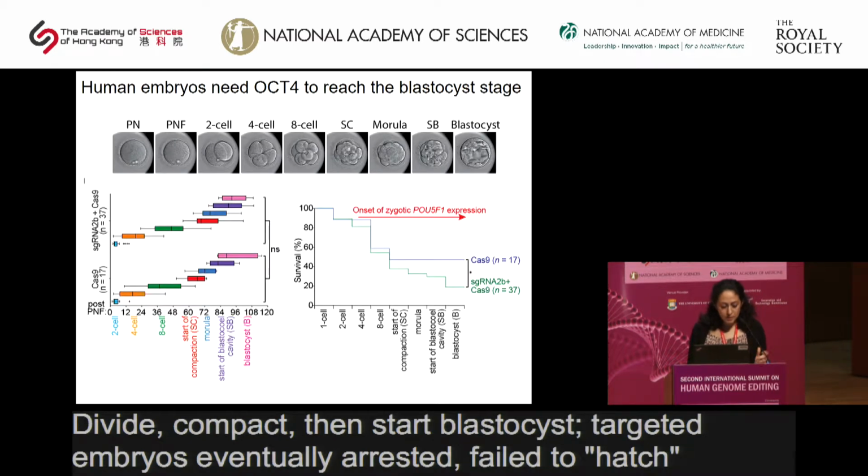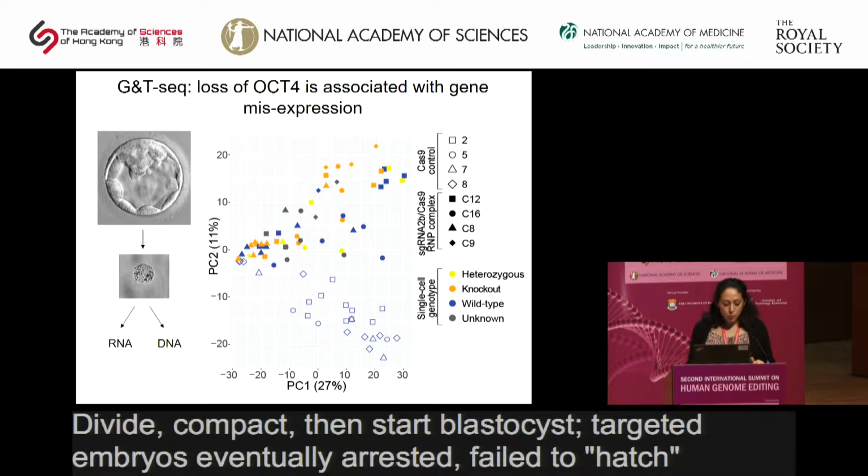When we compared the rates of cleavage division, there were no significant differences, but significantly fewer OCT4 targeted embryos developed to the blastocyst stage, suggesting a role for OCT4 in early human embryogenesis. We then wanted to phenotype and genotype these embryos, and we were predicting quite a large degree of mosaicism.